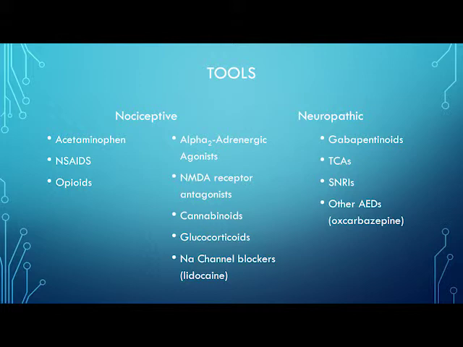NMDA receptor antagonists are primarily used for nociceptive pain, but there is some evidence for neuropathic coverage. And cannabinoids, not the first line I would use for pain, but there is certainly some evidence both for nociceptive and neuropathic.